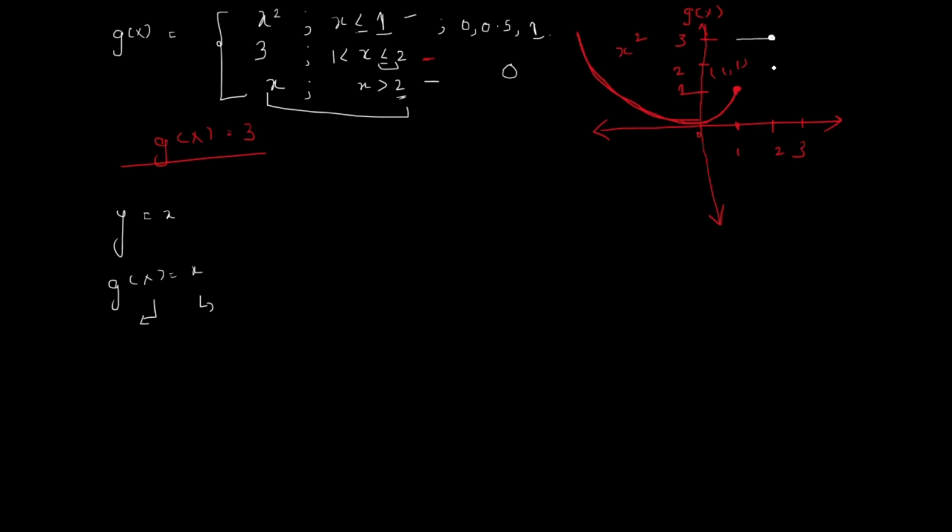From here it will go up at a slope of 1. Here we will put a circle, saying that this point is not in the g of x equals x equation.